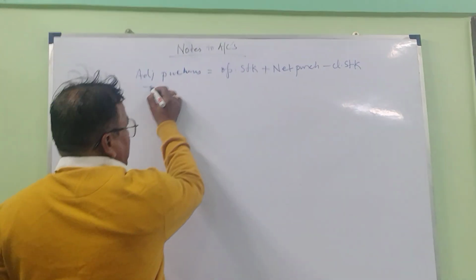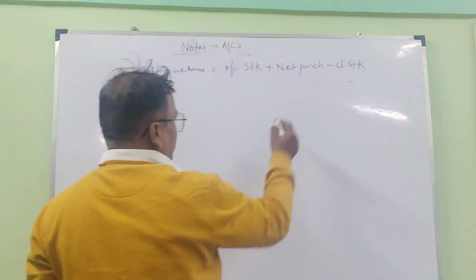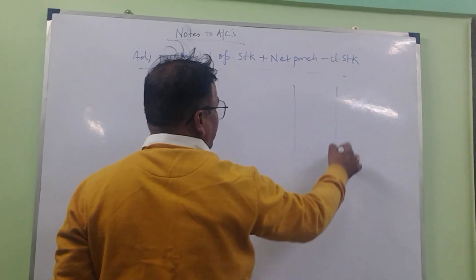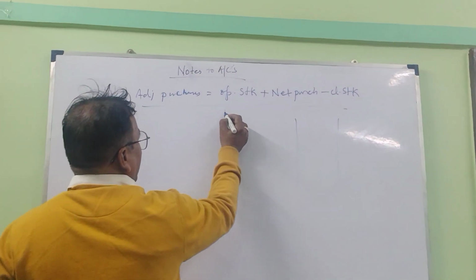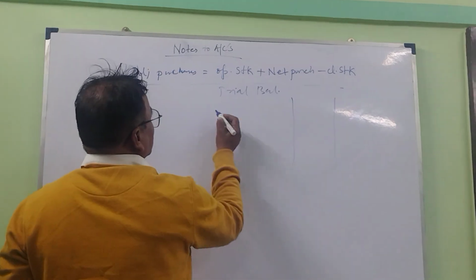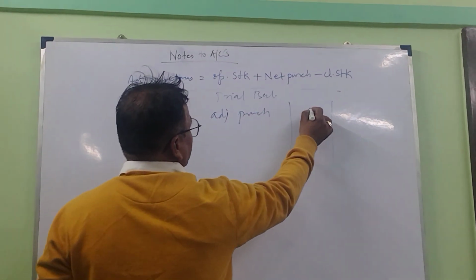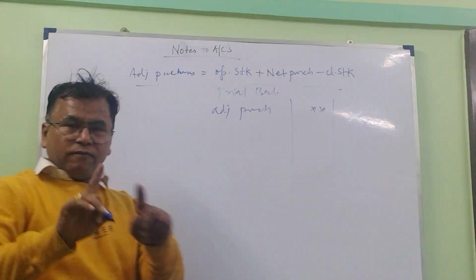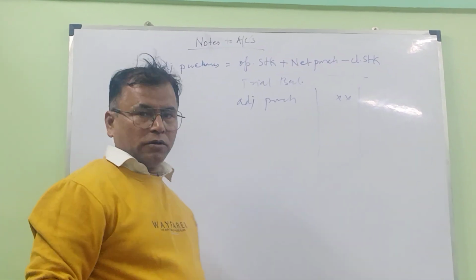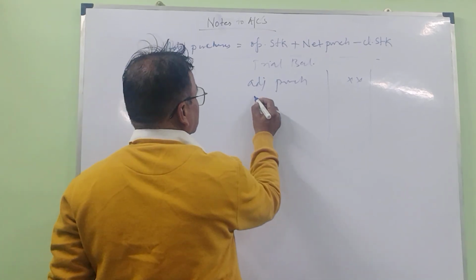So why is this creating problem at the time of preparation of final accounts? First of all, you should understand when it is in the trial balance. Suppose a trial balance is given, and here they are giving you adjusted purchases as one figure, so there will not be any opening stock. It is inclusive in the adjusted purchases.